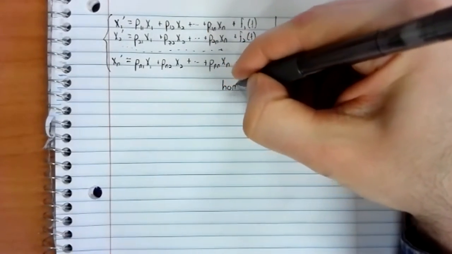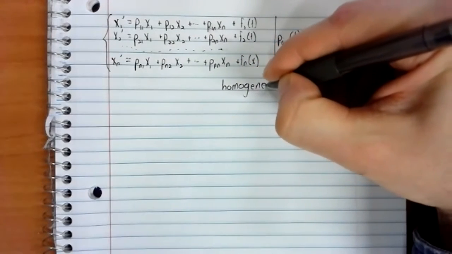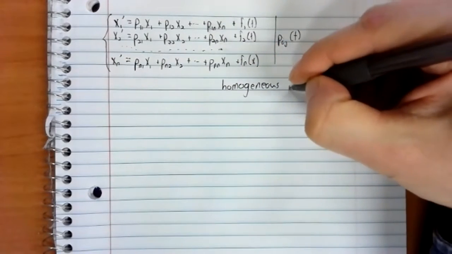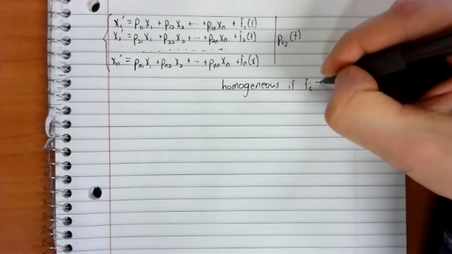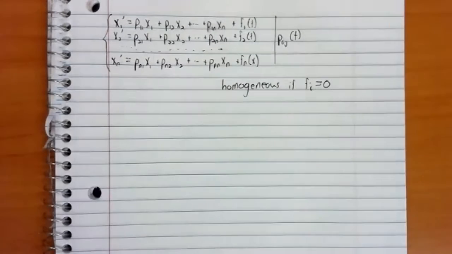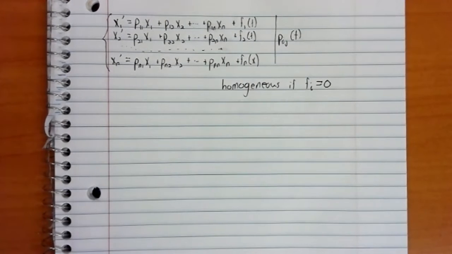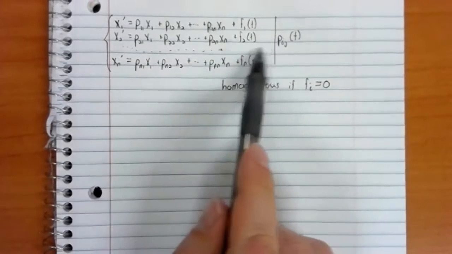A system is homogeneous if all of these F's are equal to 0. We will only learn to solve homogeneous systems.